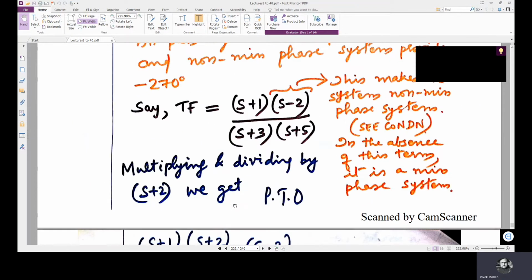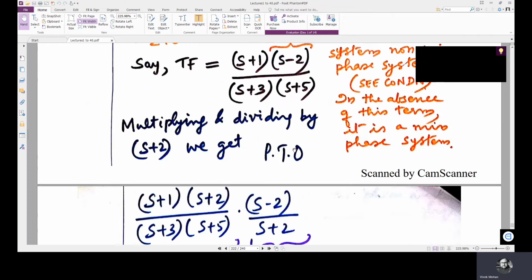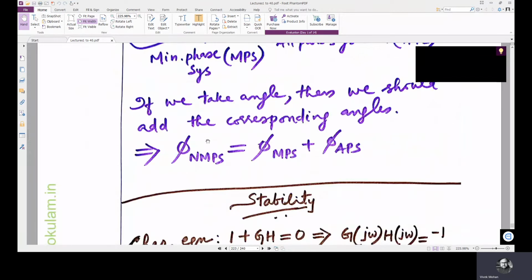So the angle of the non-minimum phase system, which is given here, that is s plus 1 into s minus 2 divided by s plus 3 into s plus 5, is otherwise written as this expression. So the angle of minimum phase system plus the angle of all-pass system gives the angle of non-minimum phase system. So phi NMPS equals phi MPS plus phi APS.